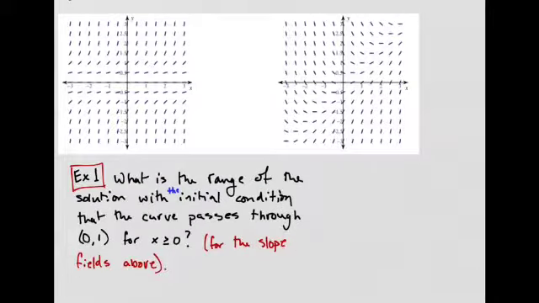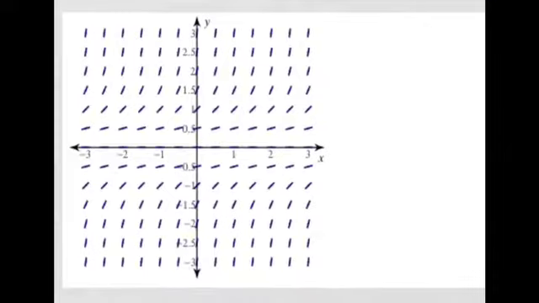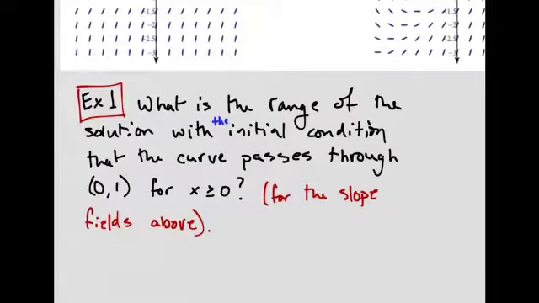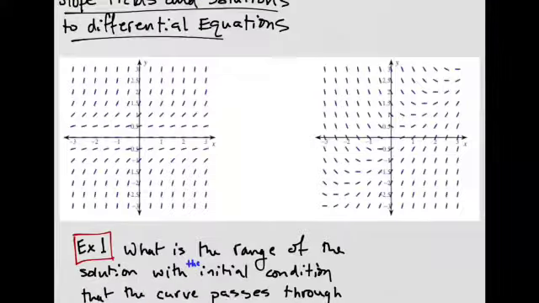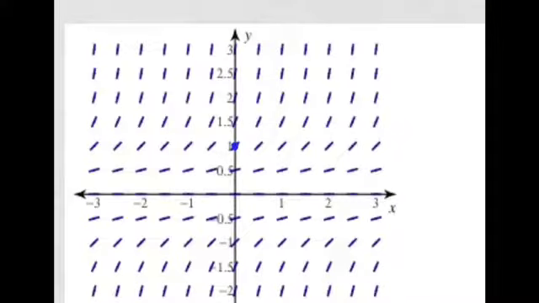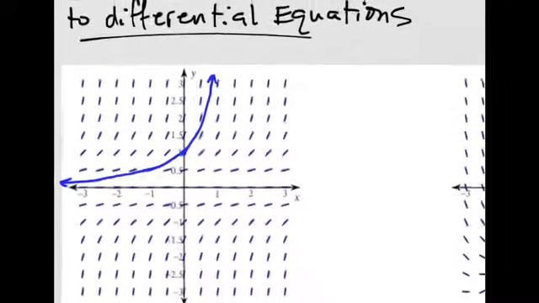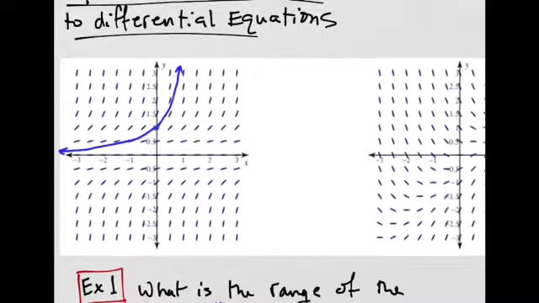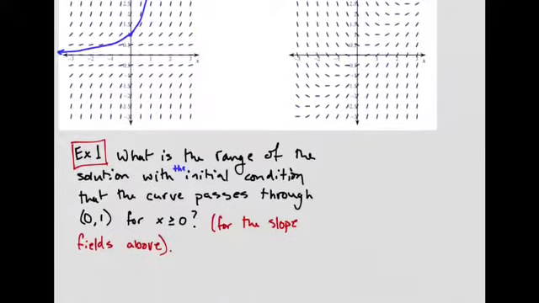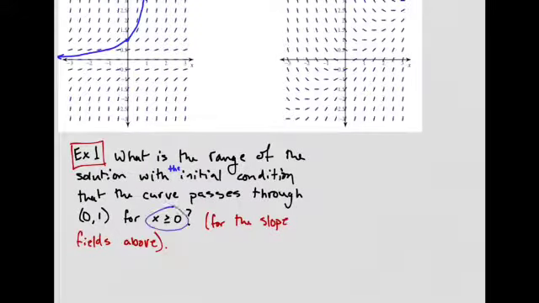So what I'm going to do is plot my point (0, 1), and then I follow the slopes, and I just generate my particular solution. Looks kind of like that. And the question is, what's the range for x greater than or equal to 0?